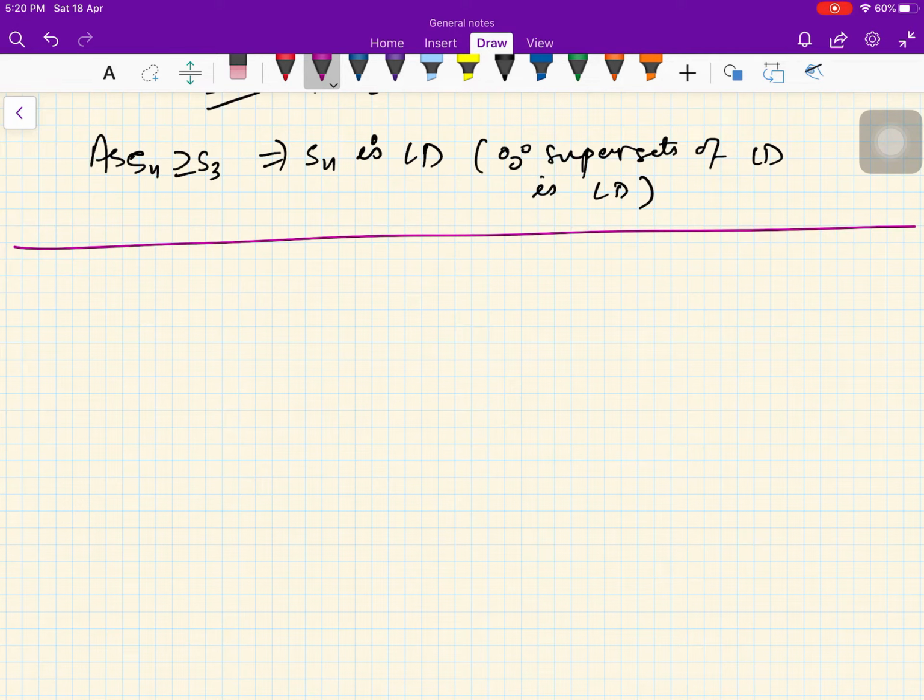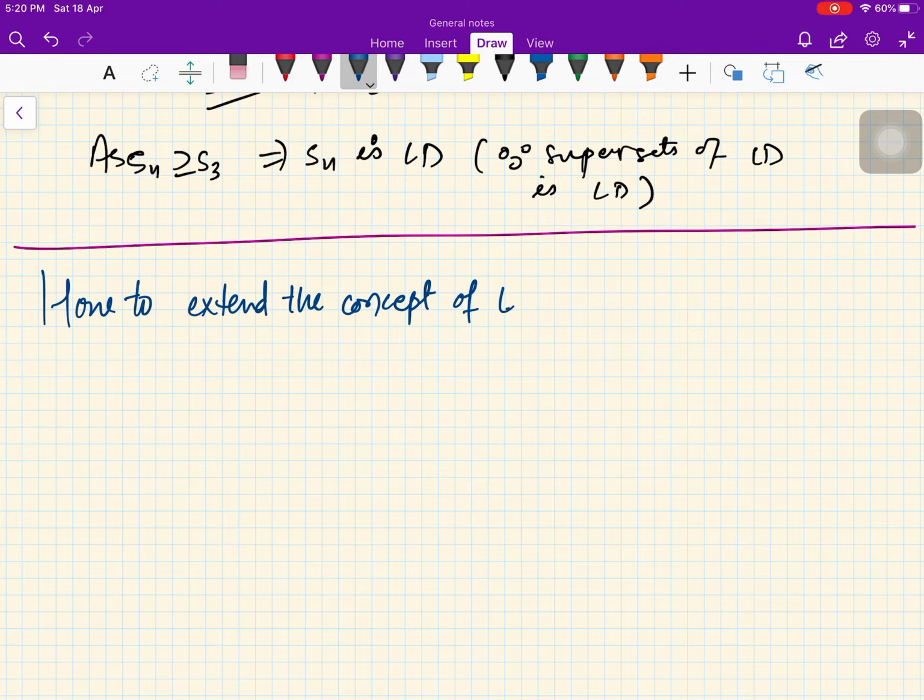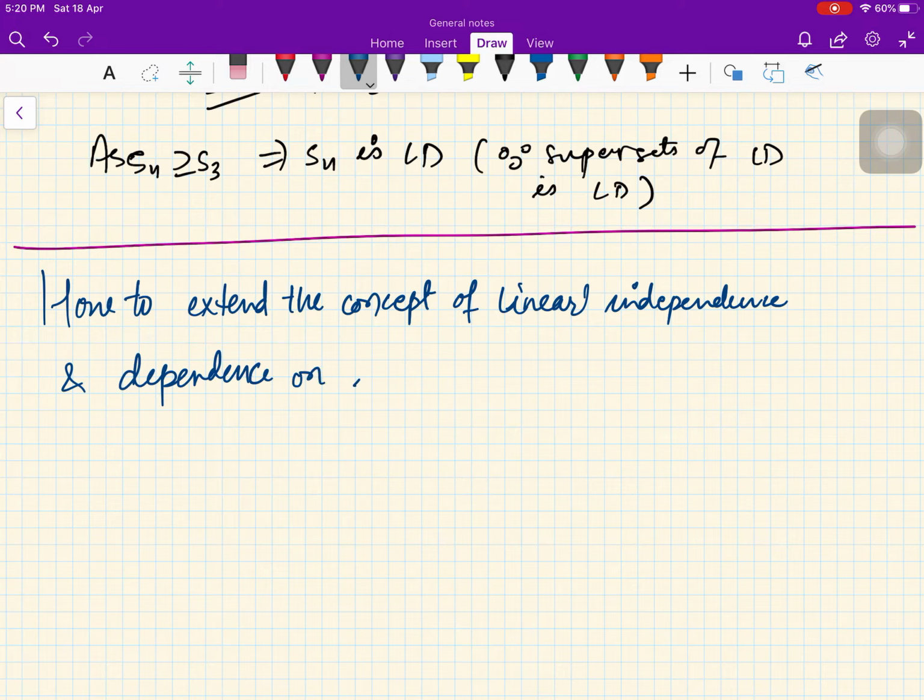That is how to extend the concept of linear independence and dependence to infinite subsets. Till now we have dealt with finite sets, right? So let us see how we can do this.